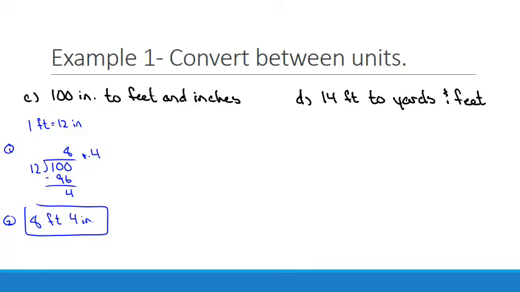So the next one, 14 feet to yards. Okay, so what we should remember is that if we're converting to yards, that 1 yard is equivalent to 3 feet, roughly. So yeah, so I'm going to divide my 14 by 3. So 3, because we know that 3 feet is 1 yard, so I'm looking for how many yards are in this 14 feet.